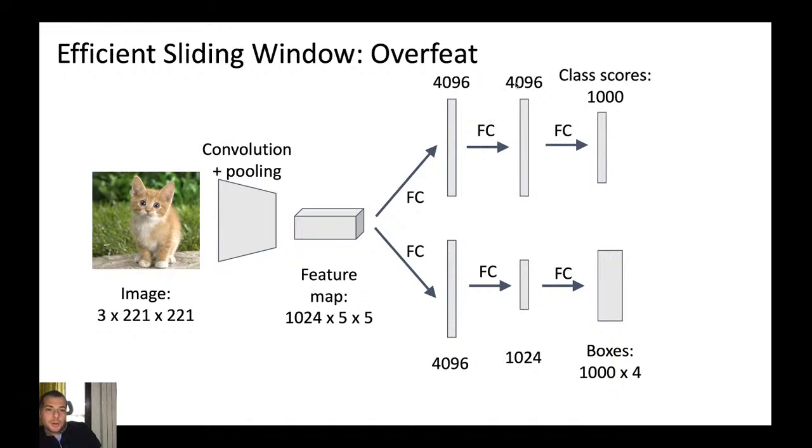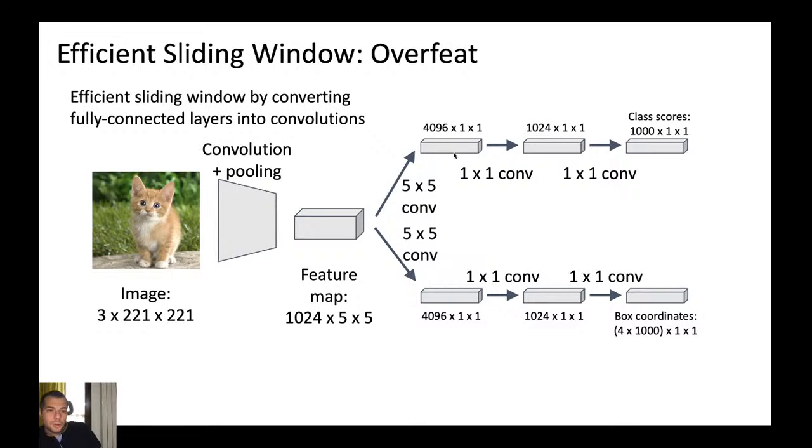And for these two layers we can also simulate full connections using one by one convolutions. This is because the activation map here is 4096 times 1 times 1.